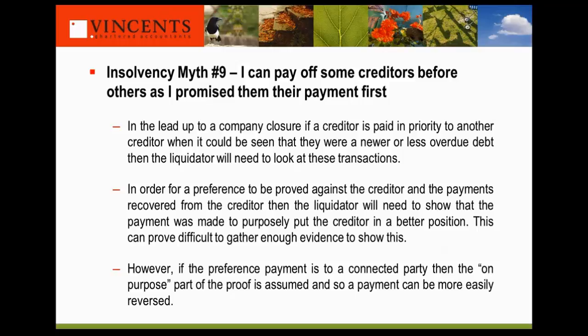But a point to note for directors, if that does occur, is that where the ATO has repaid a liquidator for a preference payment received, Section 588FGA of the Corporations Act actually allows the ATO to pursue recovery from the director for any amount that they've had to repay to the liquidator.